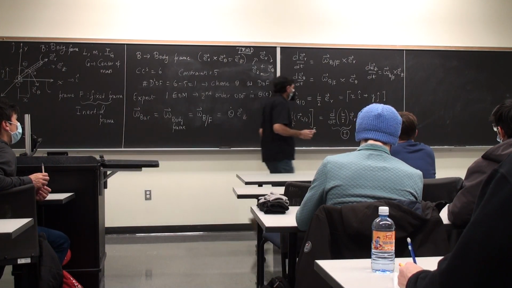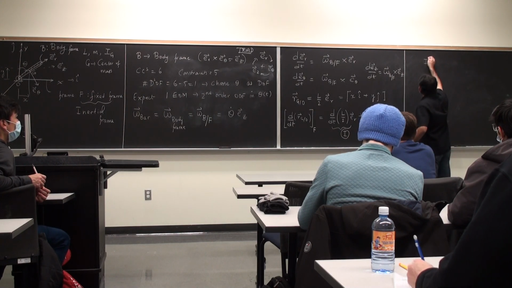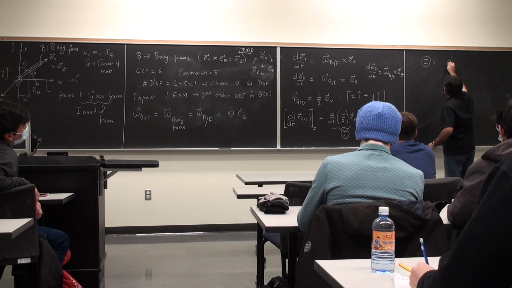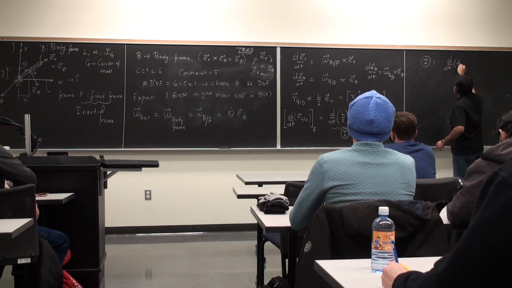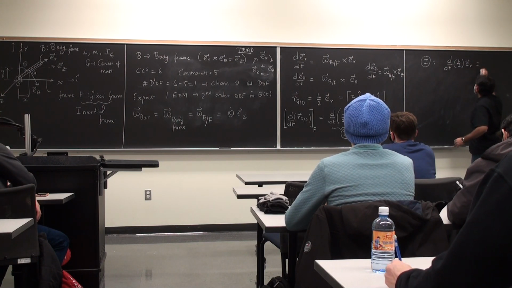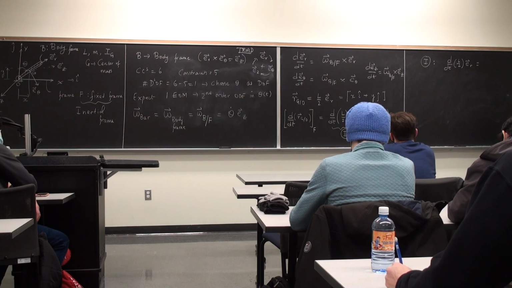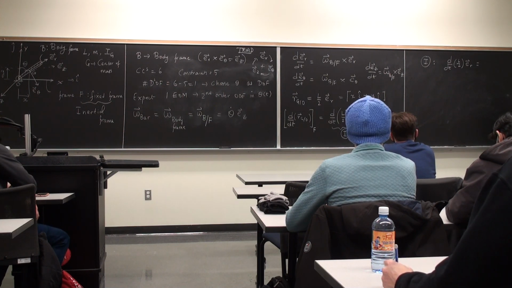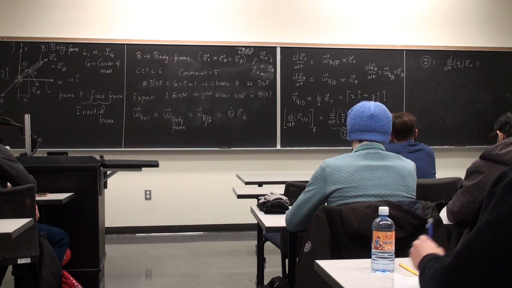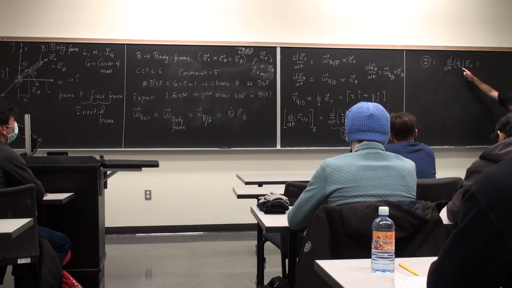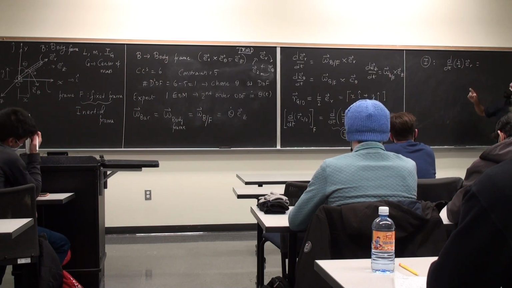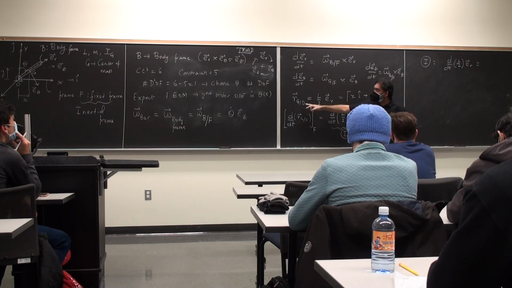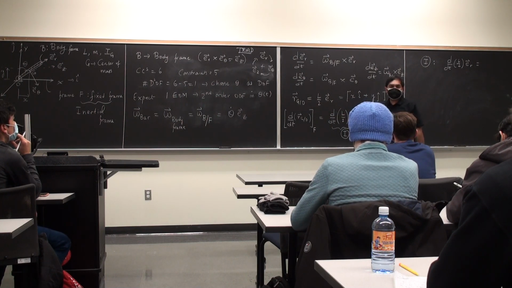Quantity 1 is this quantity. You obviously know this is 0, because the length L is fixed, but it has a special notation. This is the rate of change of the position vector r G slash O for an observer who is sitting on the bar. I'm going to write this expression down.